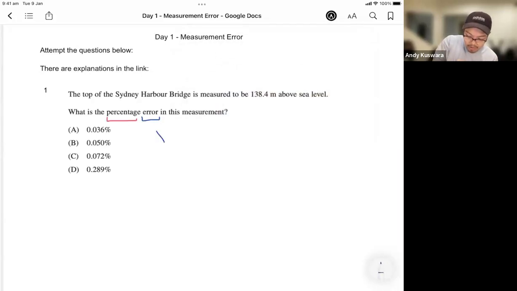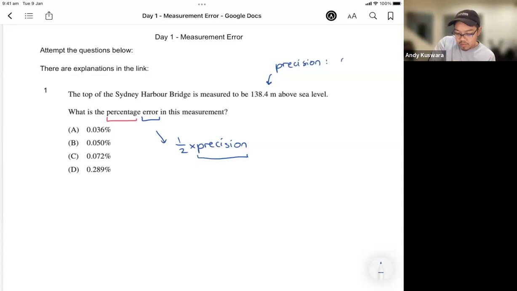The way that you find your error is it's going to be half times your precision. Your precision is your most precise measurement. In this case, because of that 0.4, I can tell that my precision is going to be 0.1 meters. The reason I know it's 0.1 is because after 138.4, I can assume my next measurement will be 138.5, 138.6, 138.7.